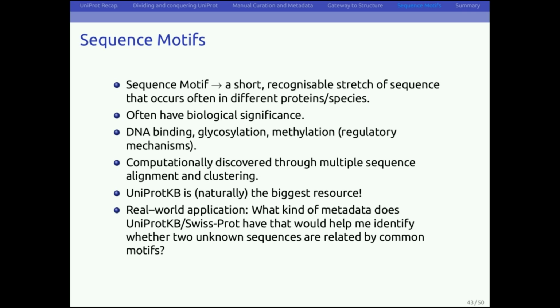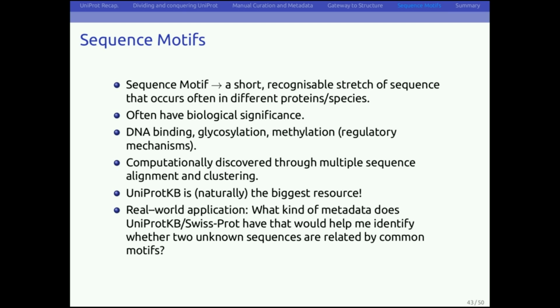And continuing that theme, what kind of metadata does SwissProt have that would help me identify whether two unknown sequences are related by common motifs? Now, I'm deliberately keeping this question vague, and I am deliberately not asking you to answer this question now, apart from the fact that we're on YouTube.